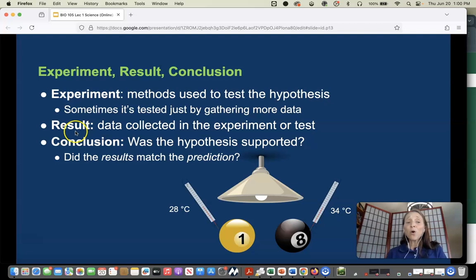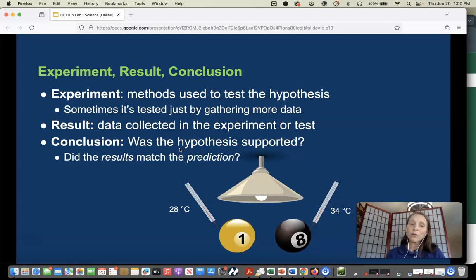And then your result would be the data that you've collected in this experiment or test. So your results here would be a table, maybe a table or tables, documenting the differences in the temperature of the balls that are dark versus light after a certain period of time. And then you can make a conclusion based on whether or not your hypothesis was supported.